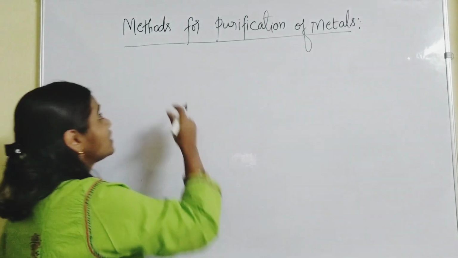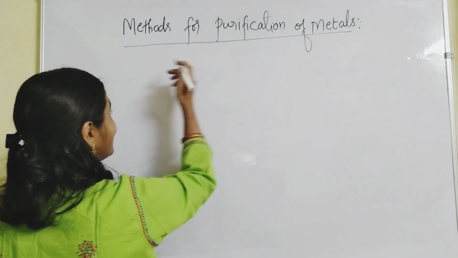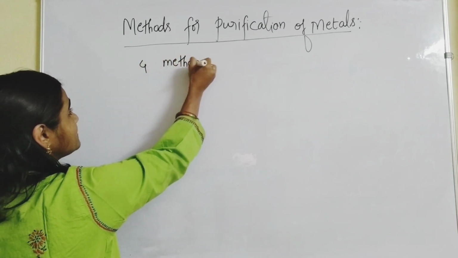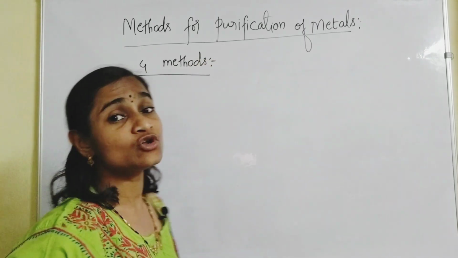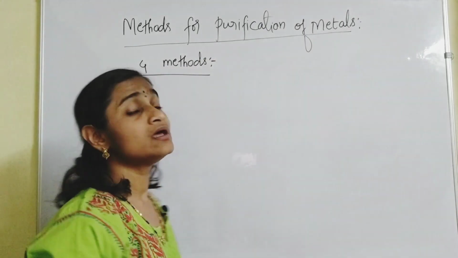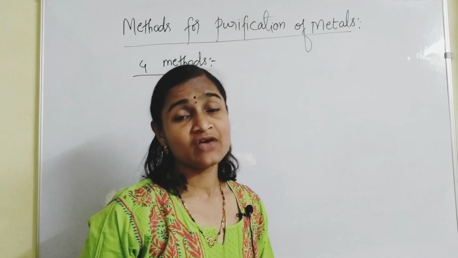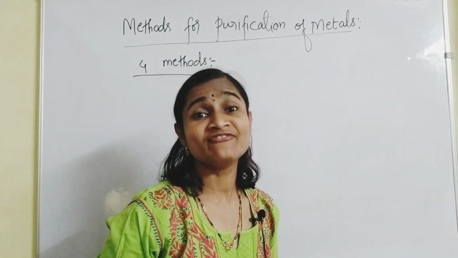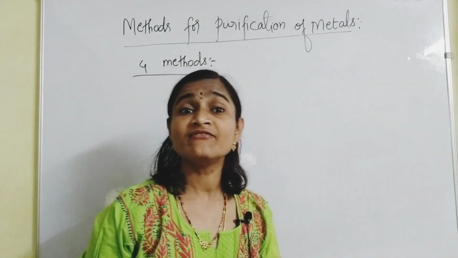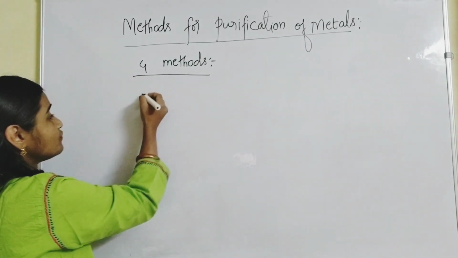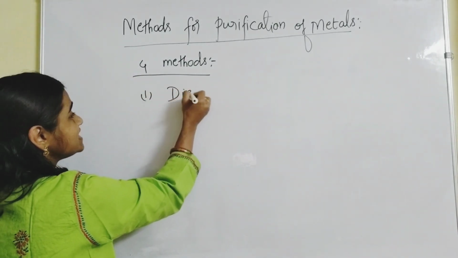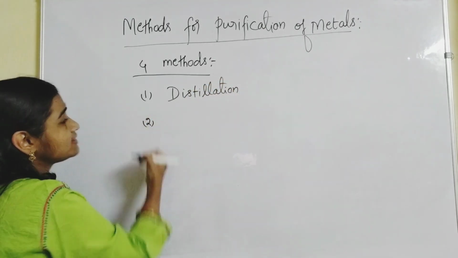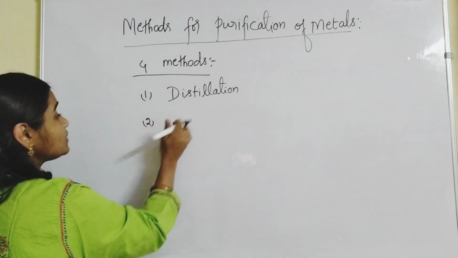Fine. So what are the purification methods for metals? We have mainly 4 types, depending on the nature of the metals, depending on the melting and boiling point of metals. These are all refining methods. So what are the 4 methods? First one is distillation. The second one is liquation.